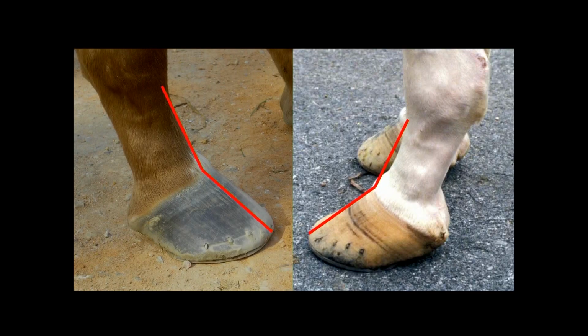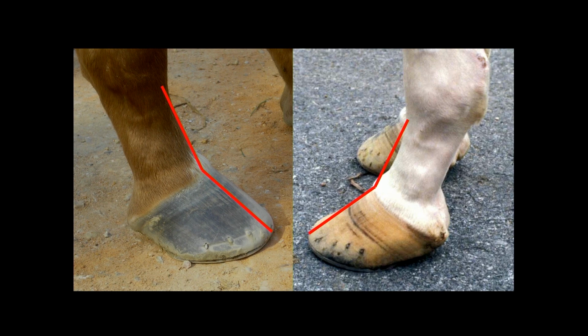But when the heel becomes low, for whatever reason, look at the strain on the joints and the coffin joint especially. Look at the abnormal position of the foot. So I pay an awful lot of attention to the hoof pastern axis.